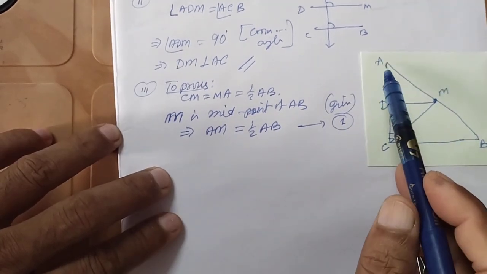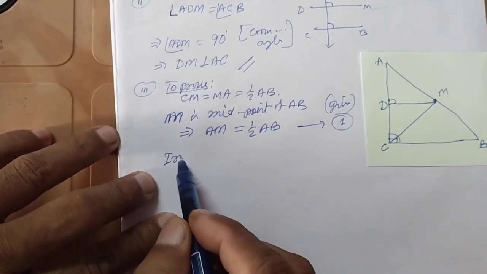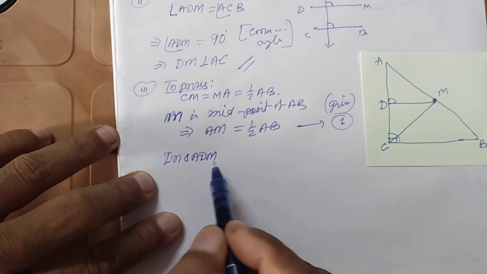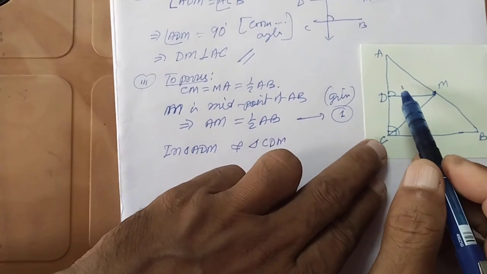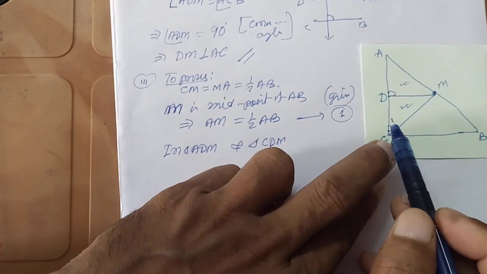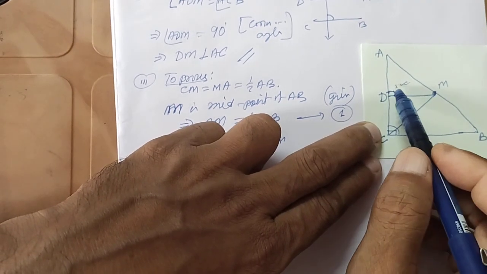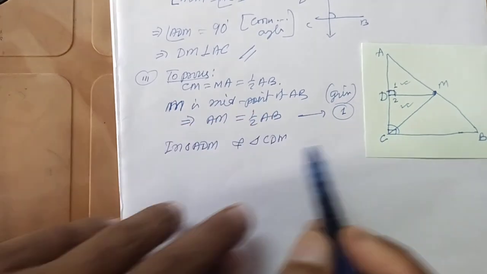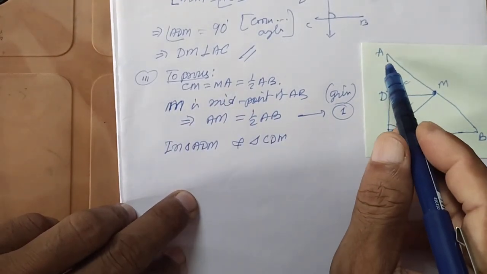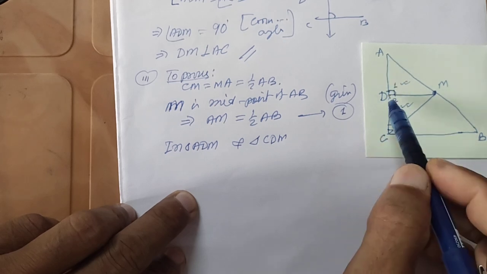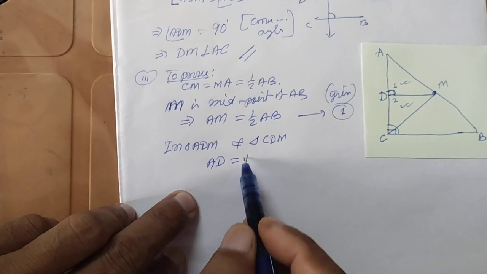Again, I'll take triangle ADM and triangle CDM. Here we already have proved this angle is 90 degrees. I can say angle 1, angle 2. And we already proved D is the midpoint of AC, so AD is equal to DC.